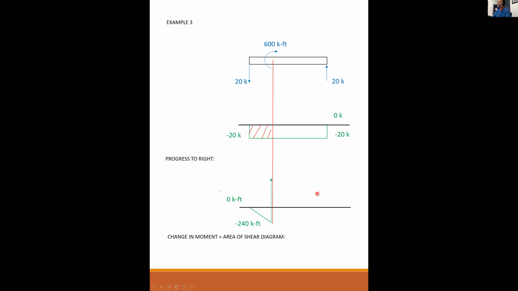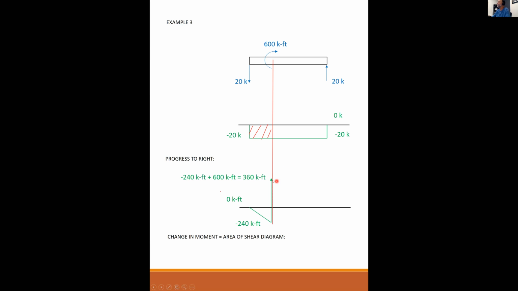Then what happens? The change in the moment is equal to this change here. This is an applied moment, and it's a positive 600 kip feet. So the moment diagram goes up positive 600 kip feet. So minus 240 plus 600 gives me 360 at this point.